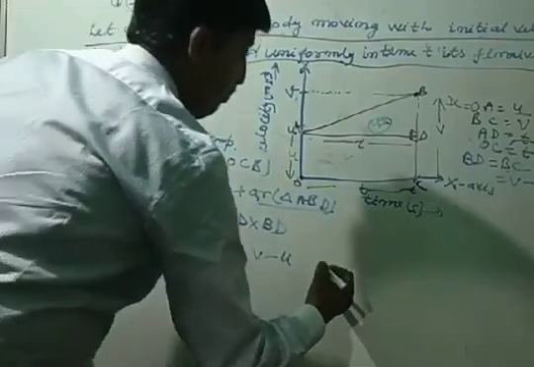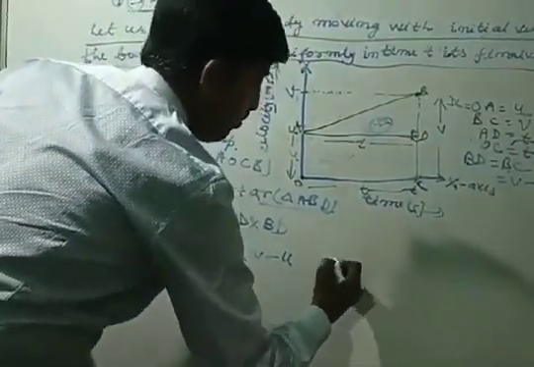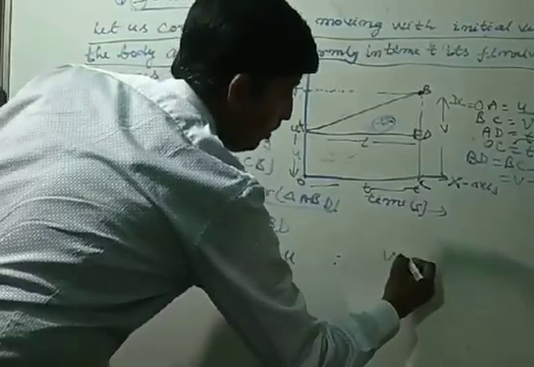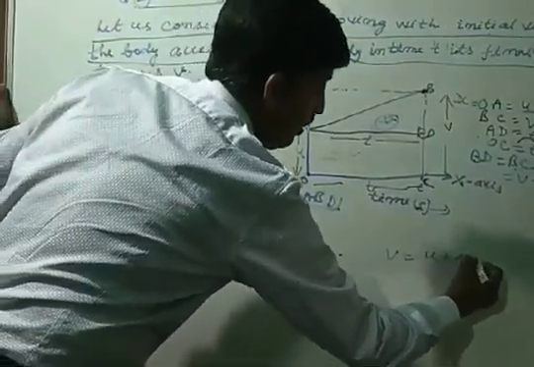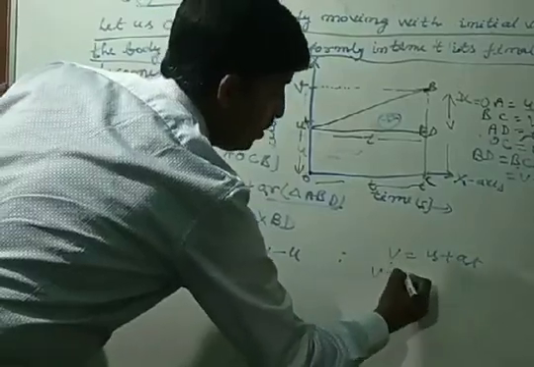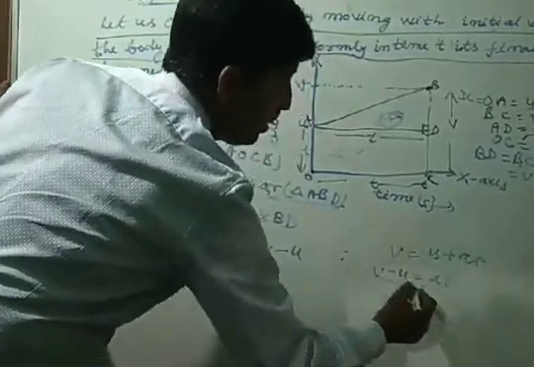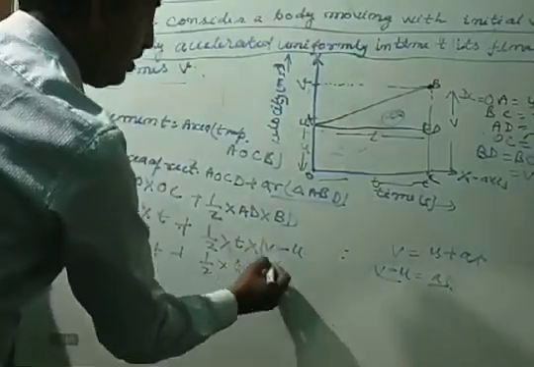Here, from the first equation of motion, V is equal to U plus AT. If we put U on this side, V minus U becomes AT. So we put the value of V minus U equal to AT in this equation.